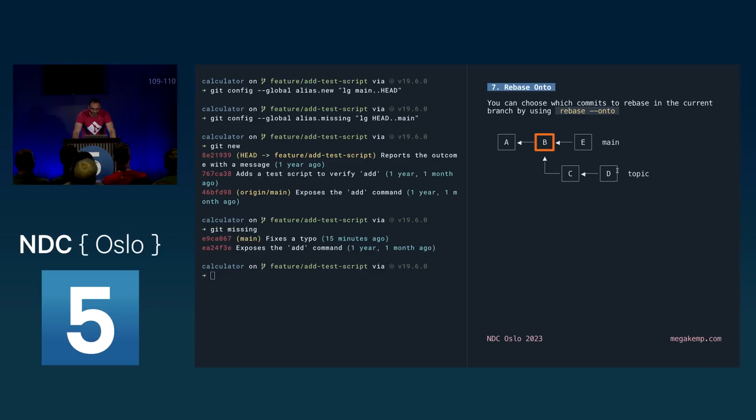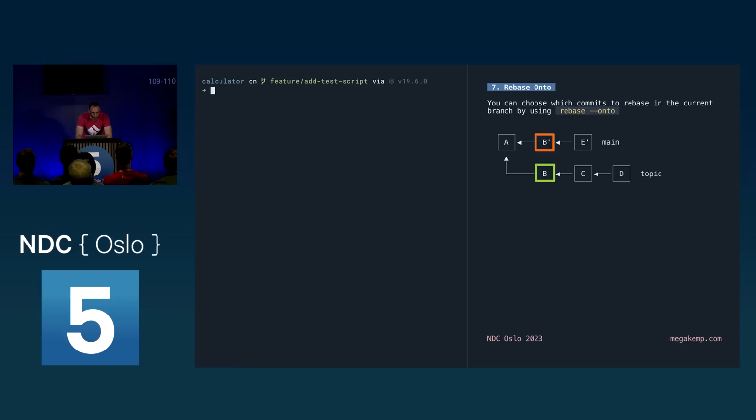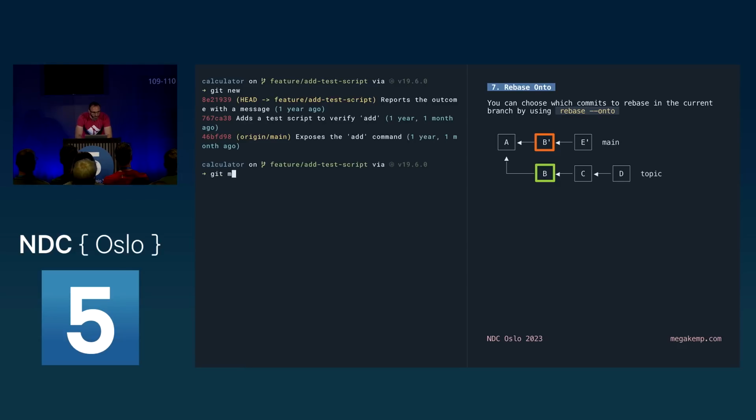It means that whatever topic branch was based on top of that now contains the old version of that commit, while the main branch now has the new version, which is exactly what we have if you look. Let me see here. If I can do git new, git missing. Do you guys spot something interesting in these two?